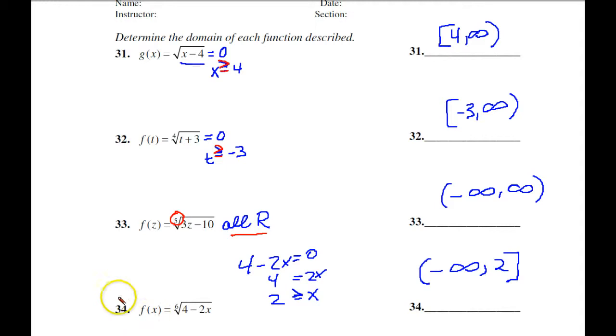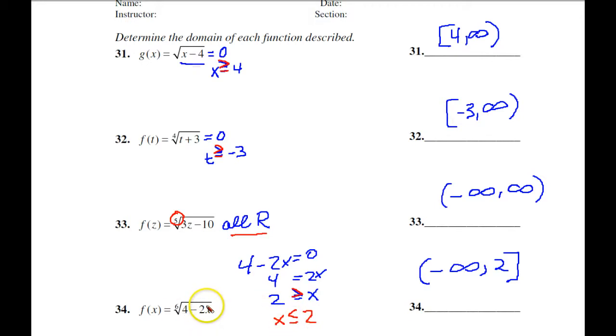Now number 34 is a little tricky because our x value itself is negative. So we solve that and we get x has to be, reading it this way, x is less than or equal to 2. Because, let's just put that 2 in there.